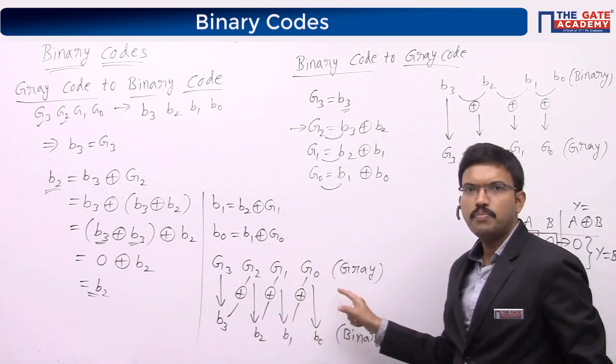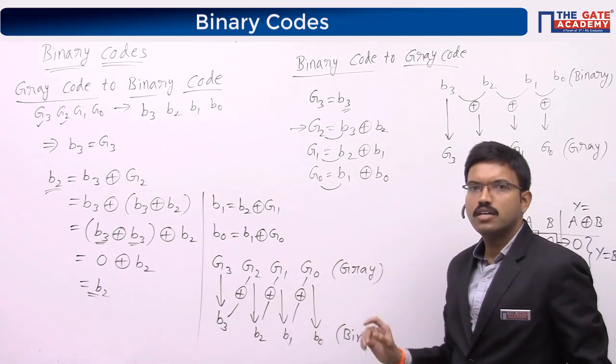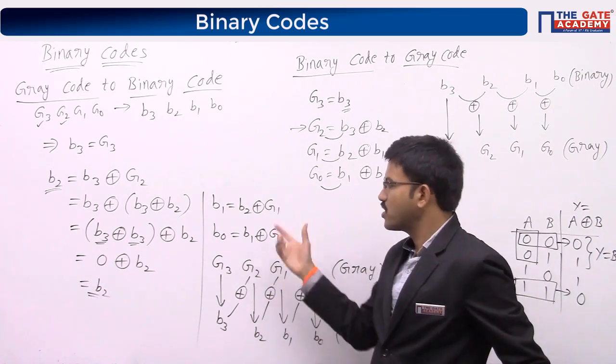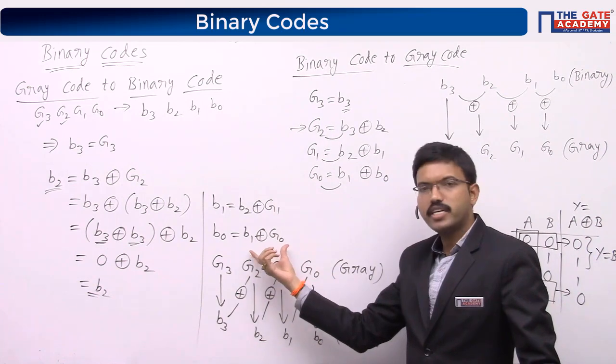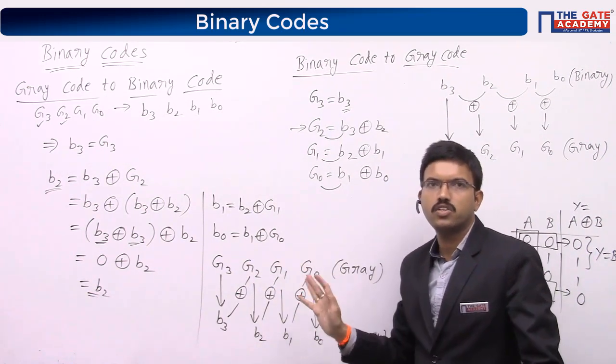So just use this particular architecture. I have given earlier a binary to gray conversion in tabular form, right? You try to check each one for 2 combinations. Whatever second column you are having, that is the gray code. Put the gray code here, use this architecture, and check whether you are getting the corresponding binary or not.